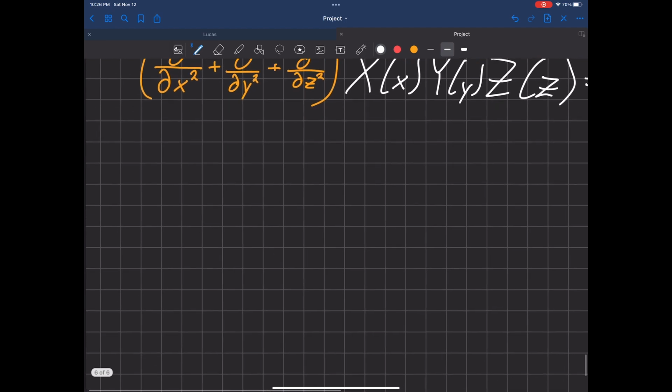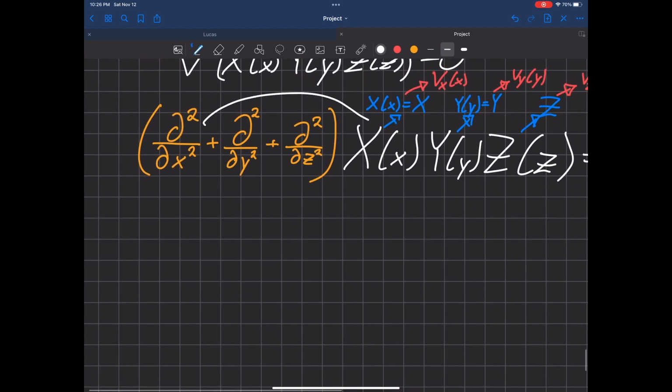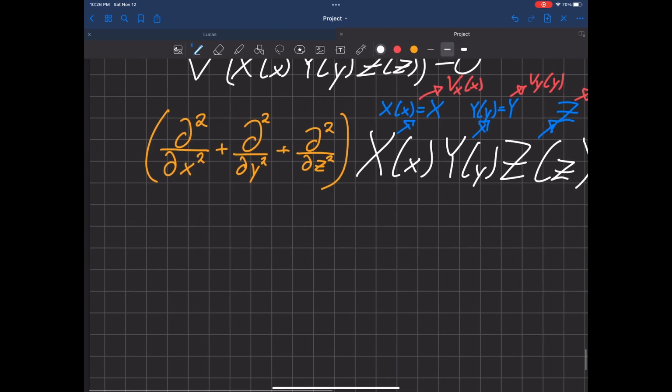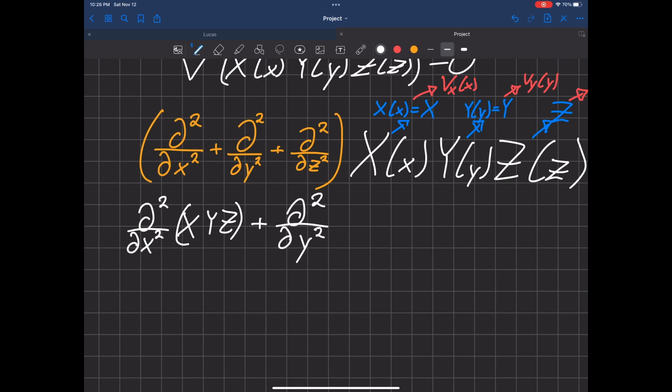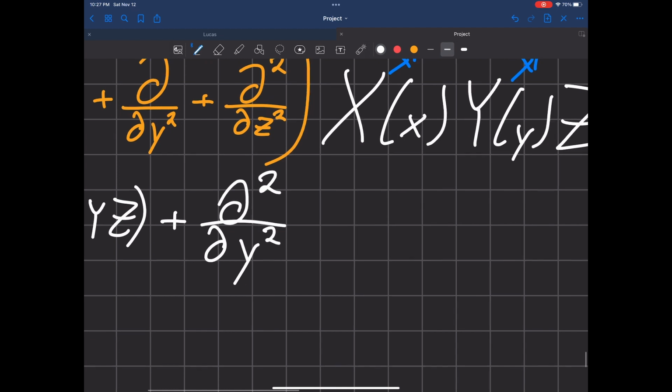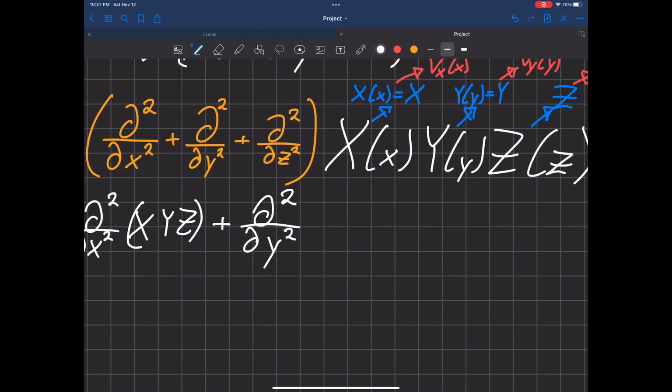Let's, again, FOIL this out, right? So this is going to multiply by everything. We're going to have the second derivative in the x direction of x, y, z, right? Plus the second partial with respect to y squared of x, y, z, right?